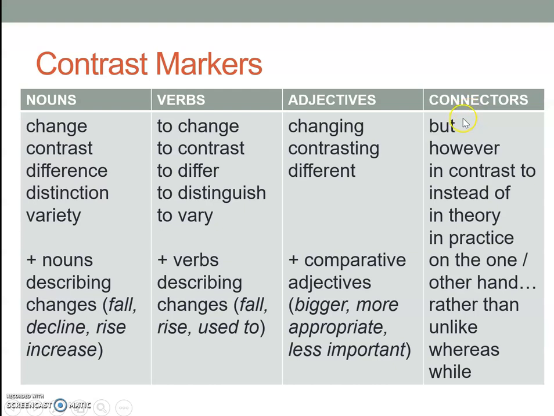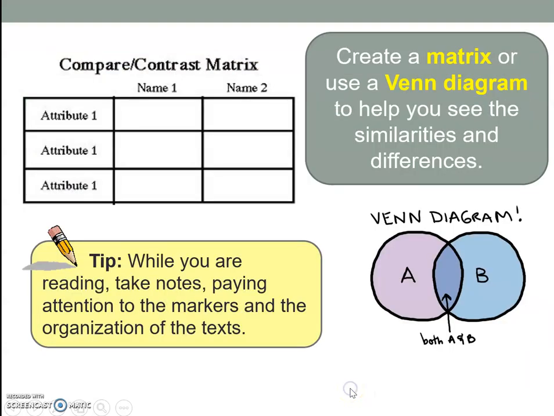And connectors that we need to pay attention to, those that show some kind of difference: but, however, in contrast to, instead of, in theory and in practice, we do one thing, but we actually act in another. On the one hand, on the other hand, rather than, unlike, whereas, while. All of these words are important to, again, recognize and mark in the text while you're reading.